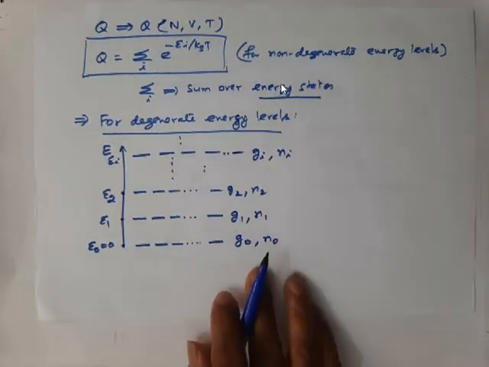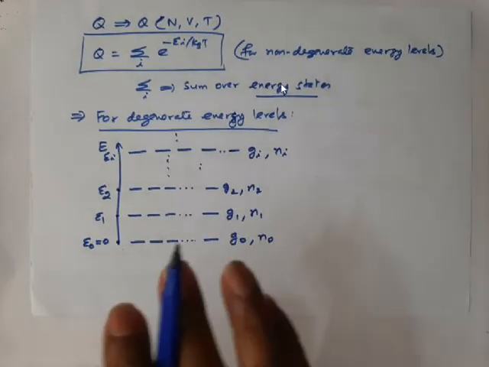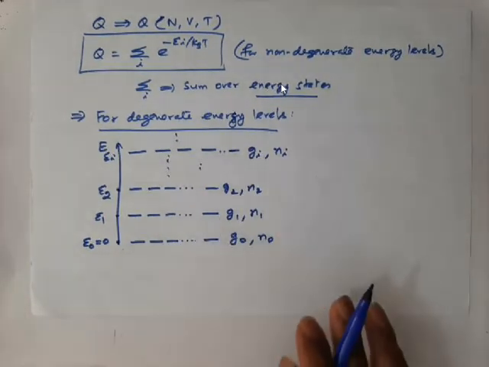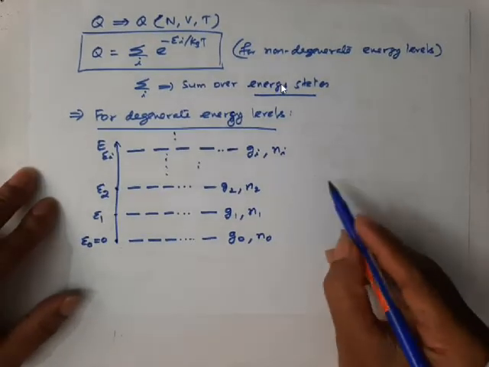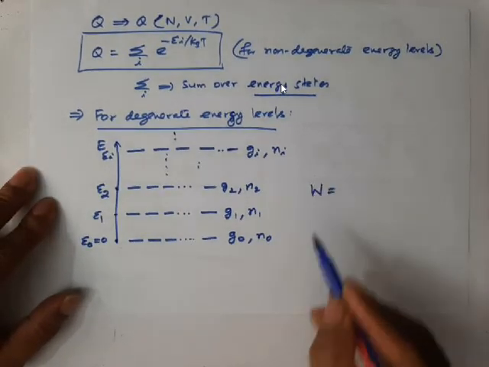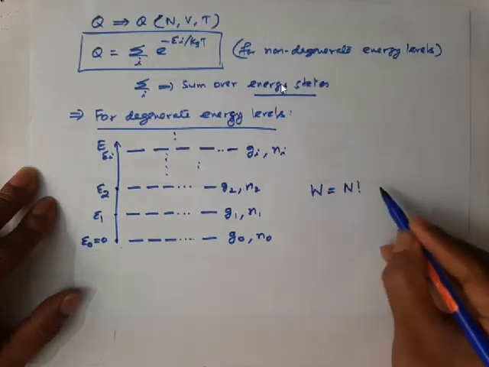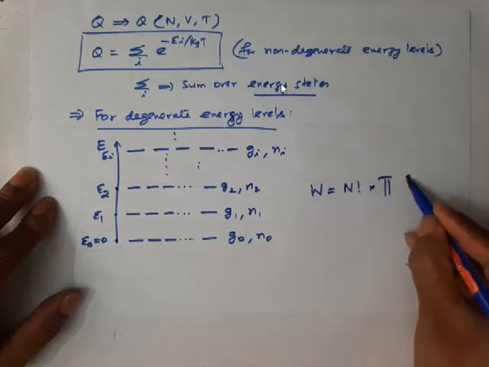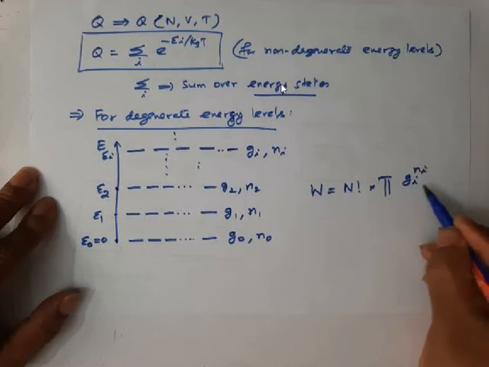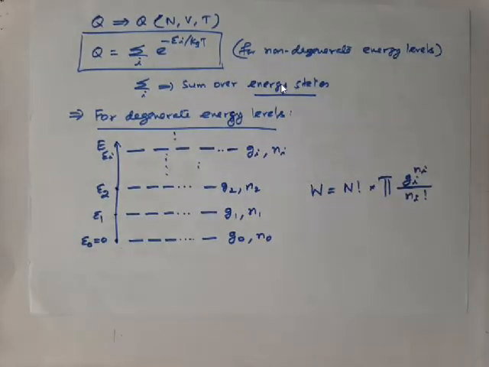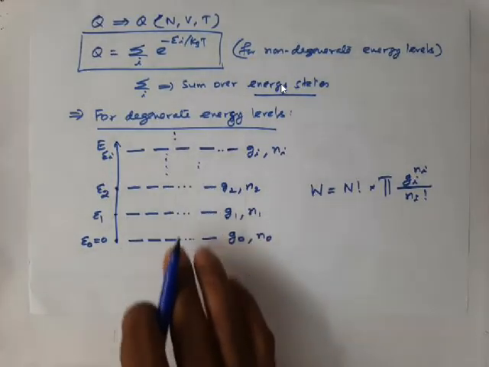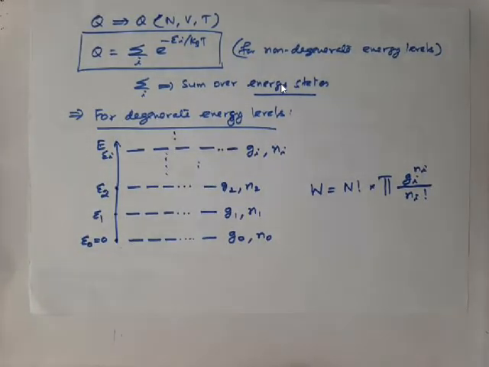For this case, if the particles are distinguishable and independent, the thermodynamic probability can be obtained using the formula W = N factorial times product of Gi power Ni by Ni factorial. We have to use this formula to find the thermodynamic probability of the system. Whenever the energy levels are degenerate, we should use this formula for distinguishable particles.